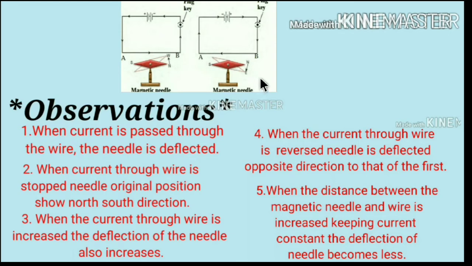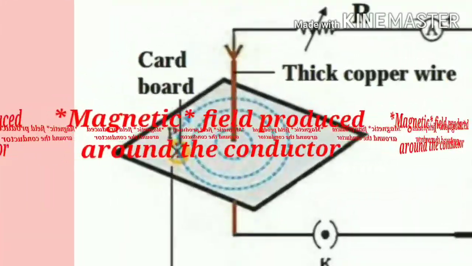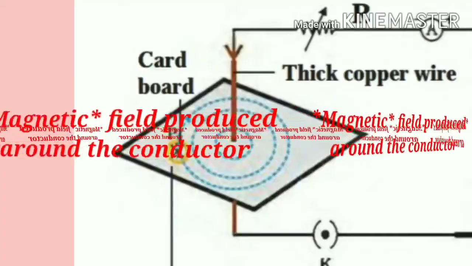So by this experiment we can see the electromagnetic effect, and that electricity and magnetism are closely related to each other. Next point: magnetic field produced around the conductor.